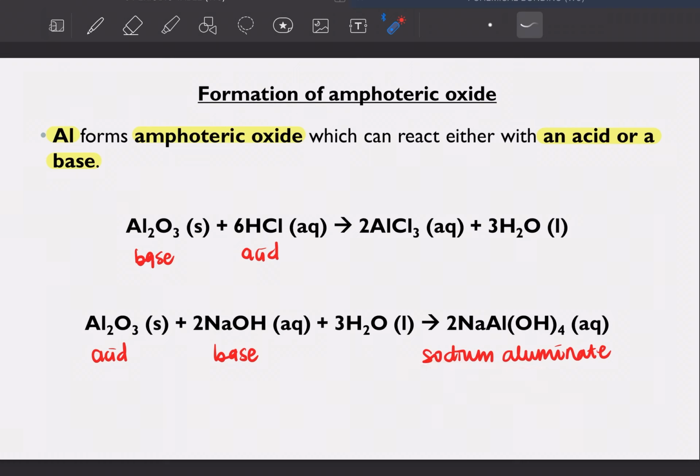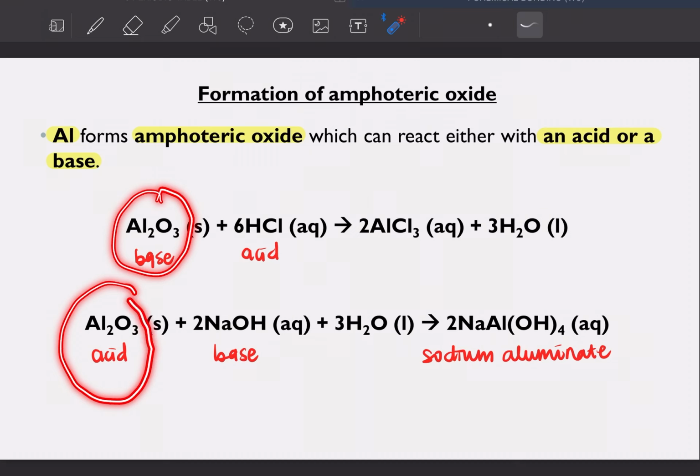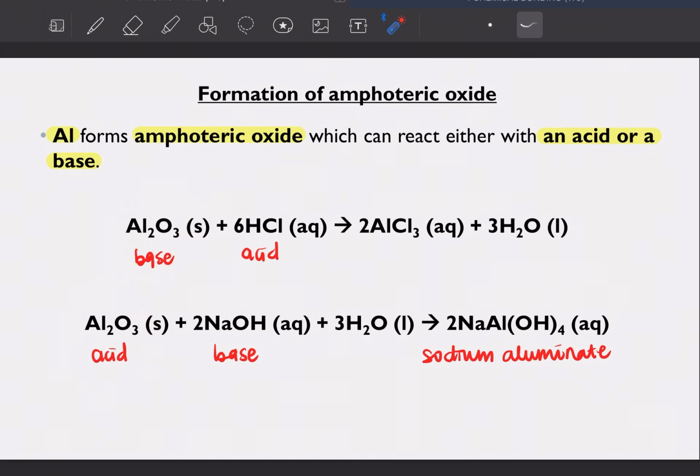But in this case, you just have to realize that your Al2O3 is an amphoteric oxide, because it can neutralize both acid and base, it can act as both base and acid.